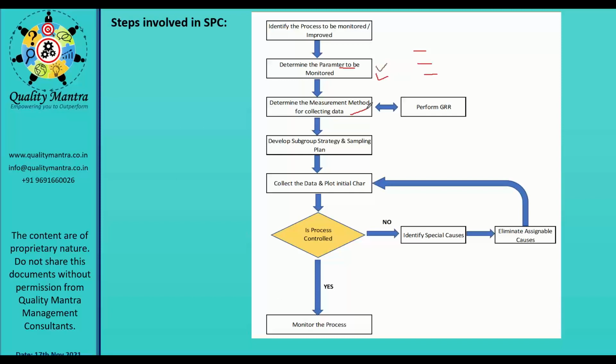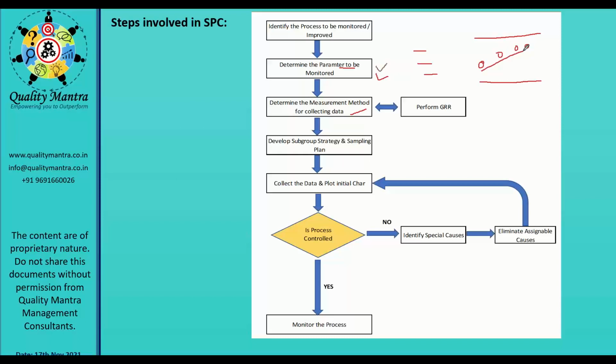And before going to the next step, you need to perform the GRR, that is gauge repeatability and reproducibility, because on the control chart you are going to plot data. Now you need to ensure that whatever data we are getting is reliable and correct, that you can rely upon.